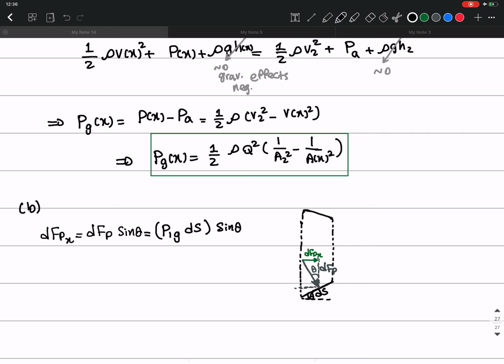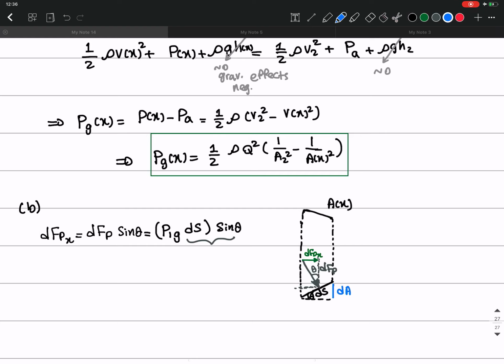And what is sine theta? So remember, this is AX, right? ds sine theta, let's see what this is. If we name this dA, why is this dA?